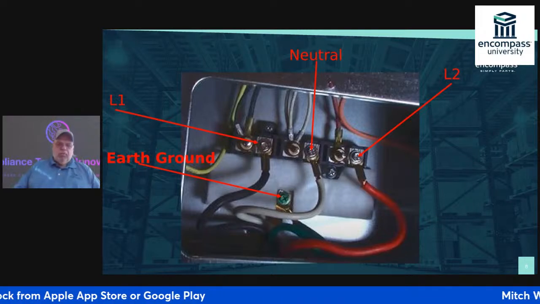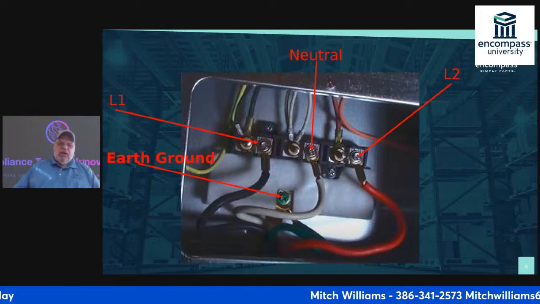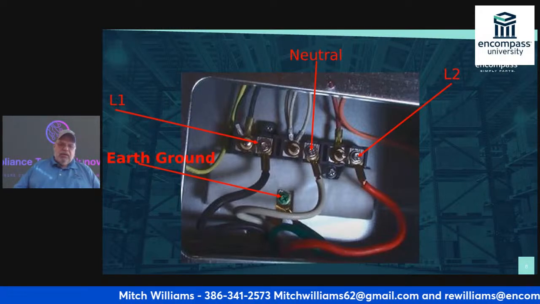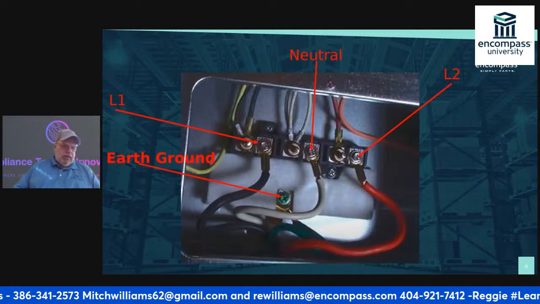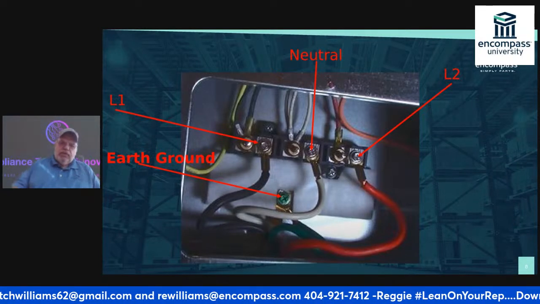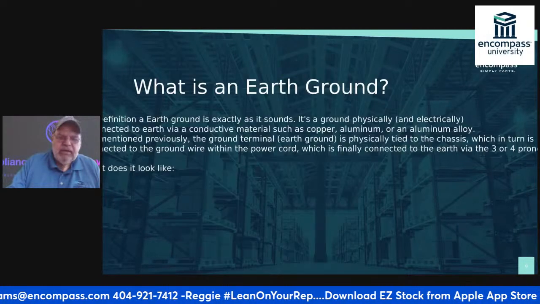That is on a 4-pronged plug. If I have a 3-pronged plug, I will just have an L1, an L2, and a neutral. Then there will be a wire or a piece of copper that goes between the neutral and the earth ground that you don't need to take off.